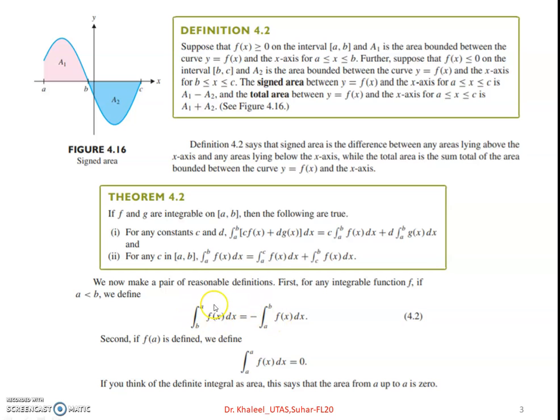This is very important: if you change b to a into a to b, then you have to multiply by minus. And the integral from a to a of f(x) dx is always 0. That means when you have the same limits, the answer is always 0. That means the area will definitely be 0.